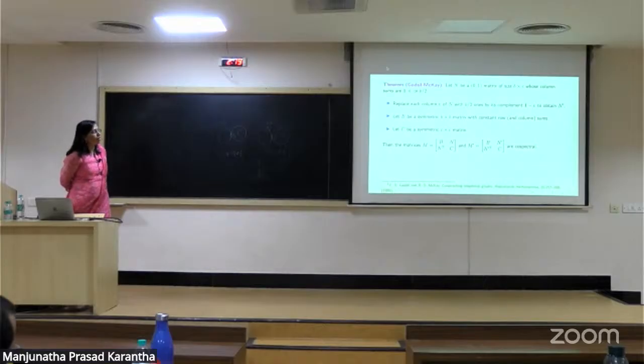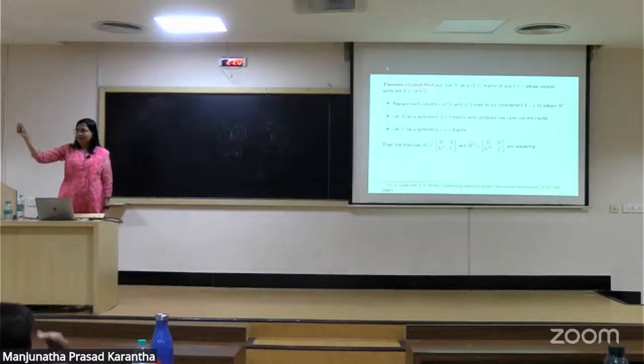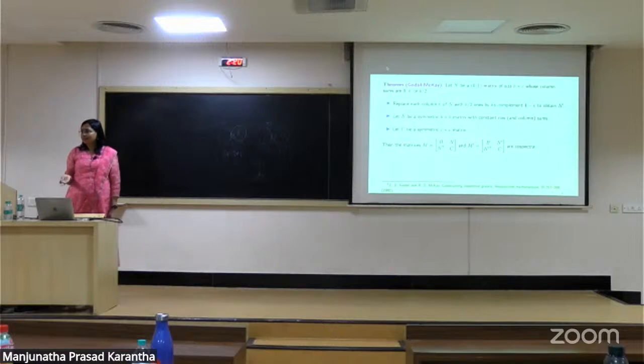C can be chosen as any matrix, but if I choose B as a 0, 1 symmetric matrix and C also a 0, 1 symmetric matrix, then this will correspond to the adjacency matrix of some graph. The other matrix also will correspond to some graph, but the edges have changed. Half of the entries in those columns we have made 0 as 1, 1 as 0. So the edges are changing, which means the graph changes.